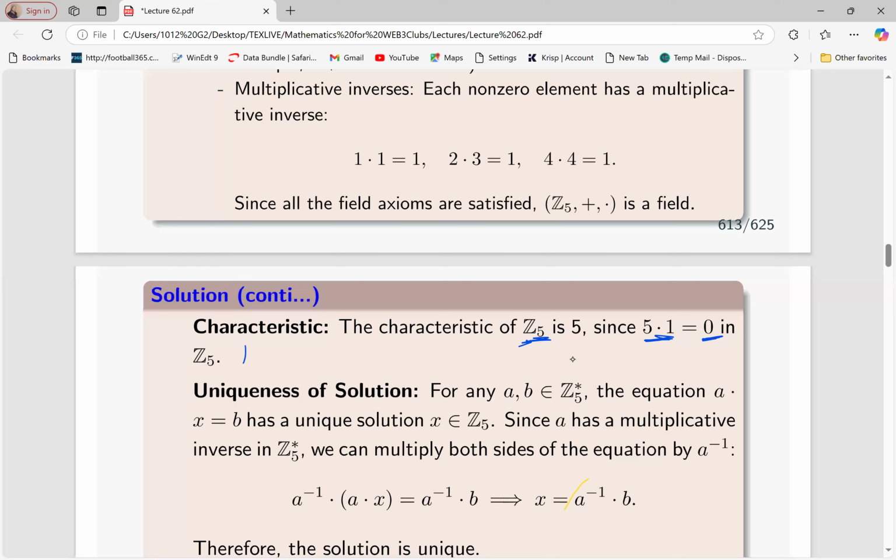We're just asking ourselves, how many times are we going to add 1 to itself to get 0? How many ones are you going to add to get 0? Maybe 5 of them. So then the characteristic becomes 5.